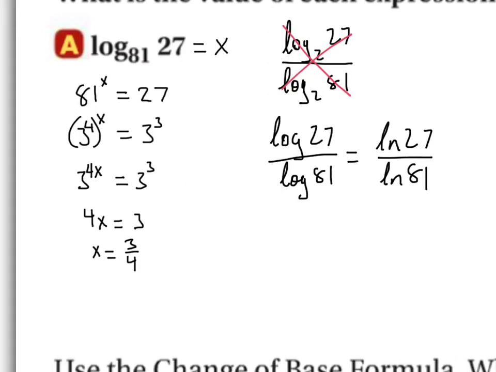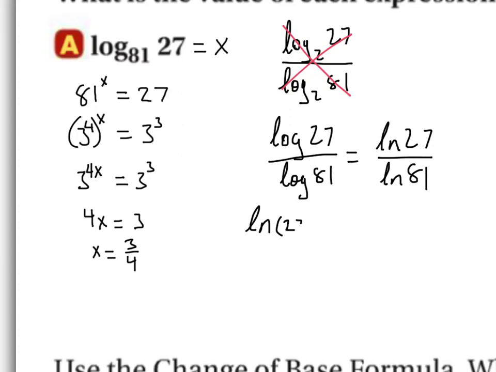So, you're going to want to change it to either log 27 over log 81, or natural log 27 over natural log 81. When you put this into your calculator, you've got to make sure to close parentheses. Most calculators will give it to you such as this. If I'm using natural log, it'll say natural log, it'll give me a parenthesis.